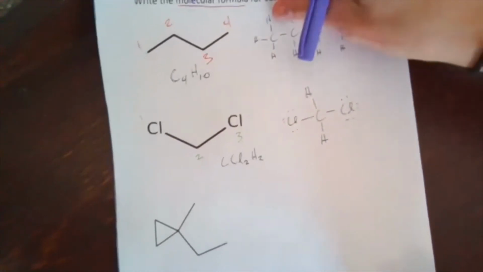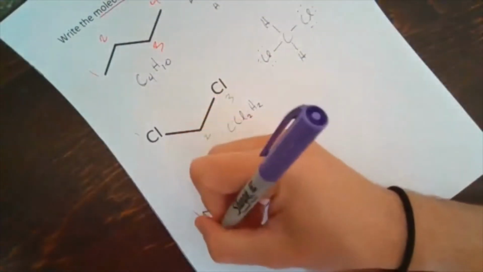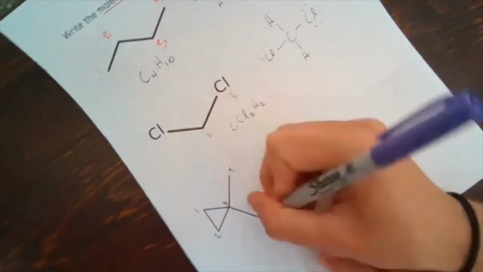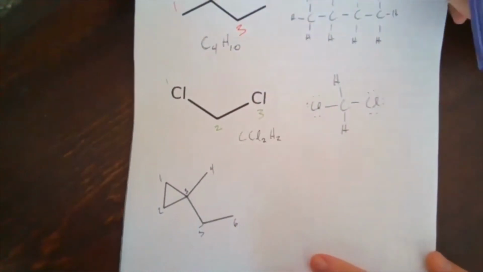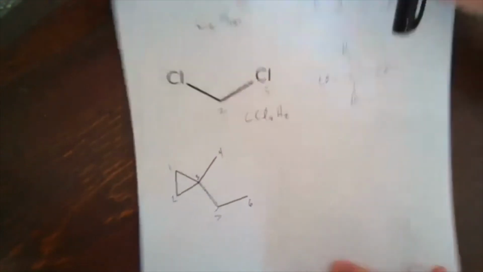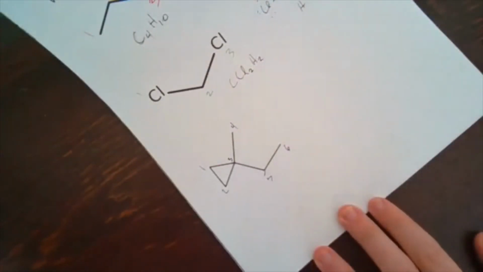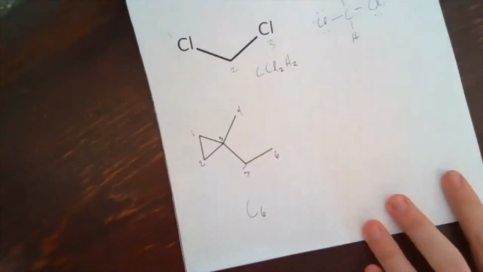All right, so now we got kind of a big one, lots of lines, but we can still interpret it in the same way. 1, 2, 3, 4, 5, 6. So I know there has to be 6 carbon atoms in this molecule. So C6 is going to be the start of the formula.